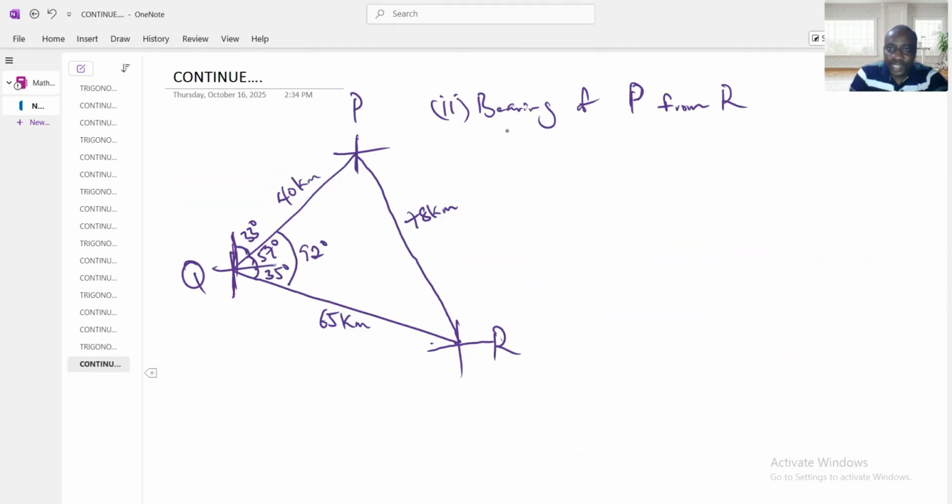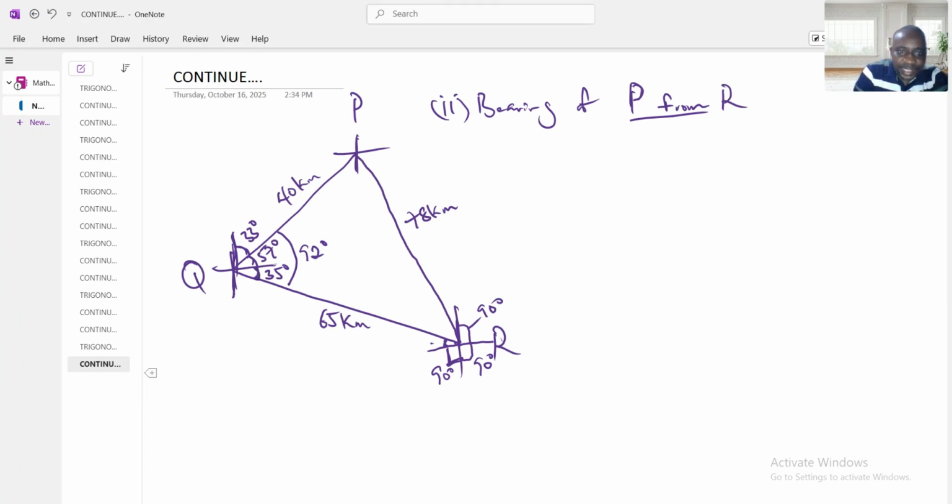Now, the question is asking bearing of P from Q. It means that this bearing from here, we count 1, 2, 3, 4, 5, 6. This is 90 degree already. 91, 92, another 90 degree, another 90 degree, isn't it? And this space, what are we going to count there?